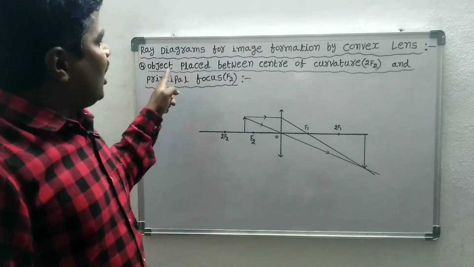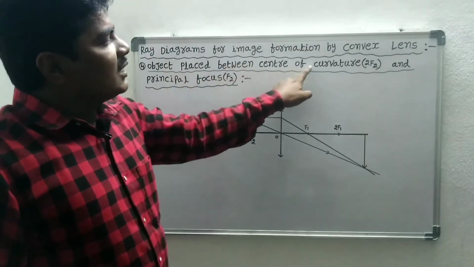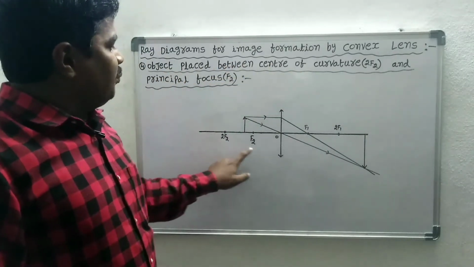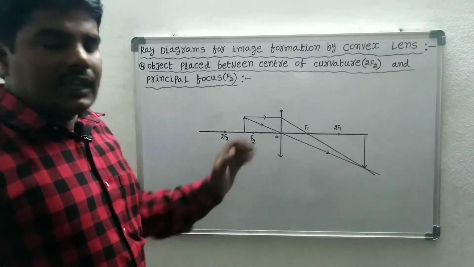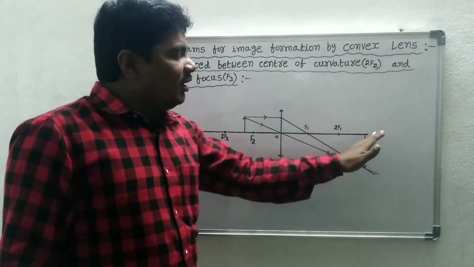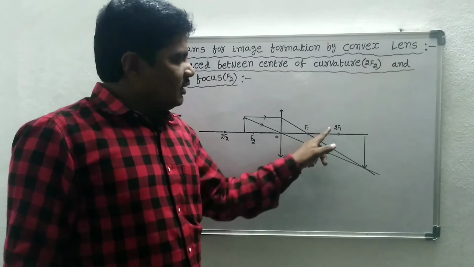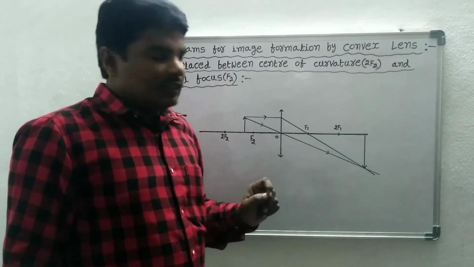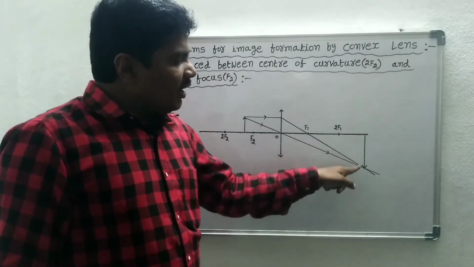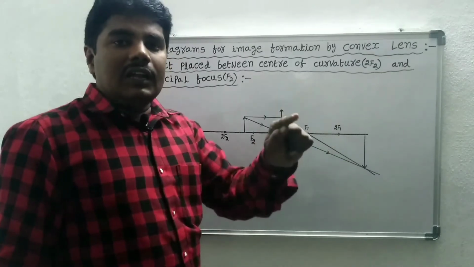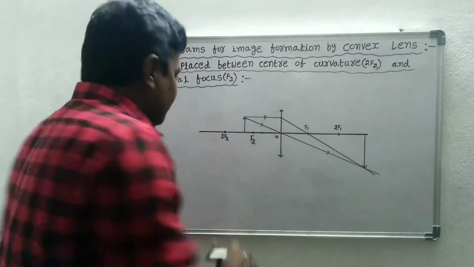So when the object is placed between center of curvature and principal focus, the image is formed beyond center of curvature, that is 2F1. That image is real, inverted and magnified.